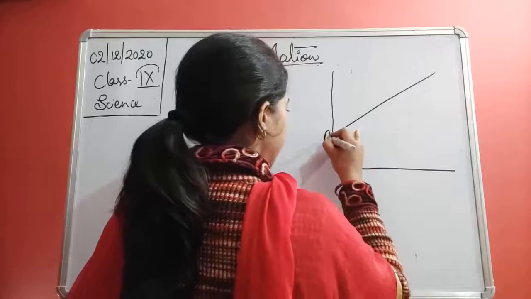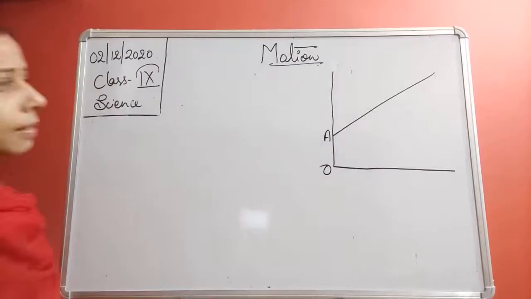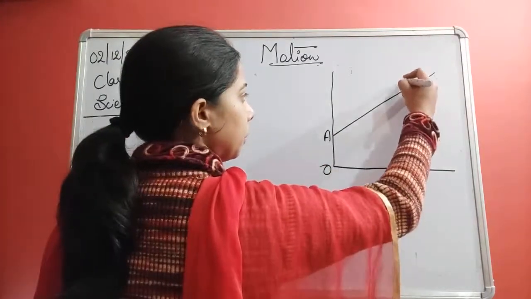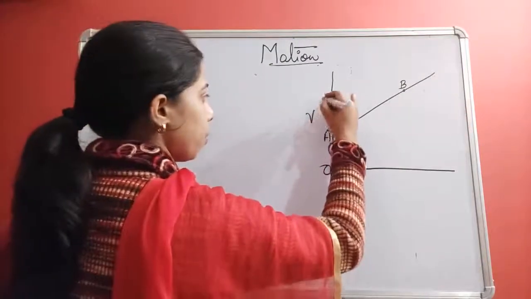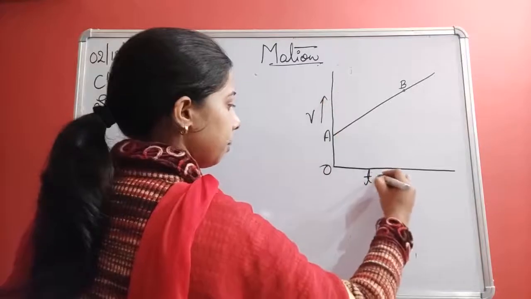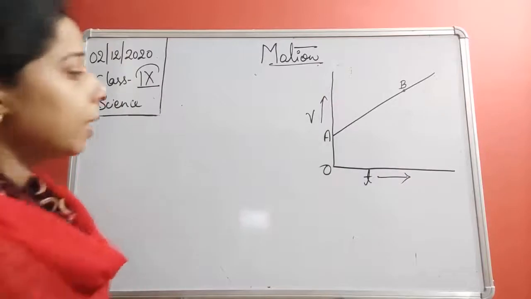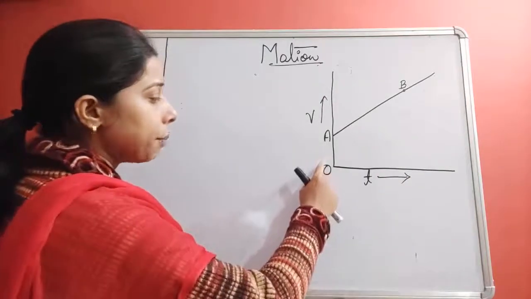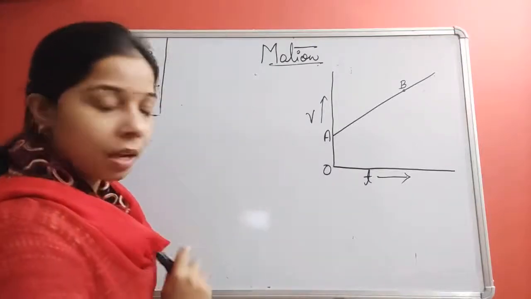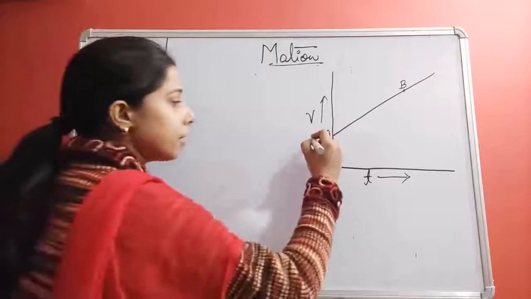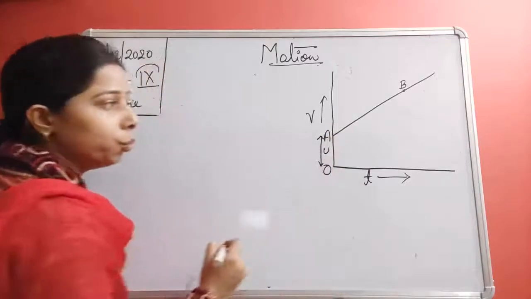So this is A and this is O, and here somewhere we write B. This is a velocity time graph. An object was at position O and was traveling with the initial velocity. The initial velocity is between O and A, and we will represent it by u.